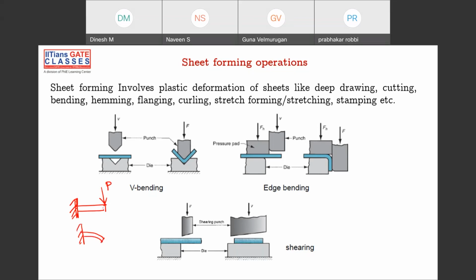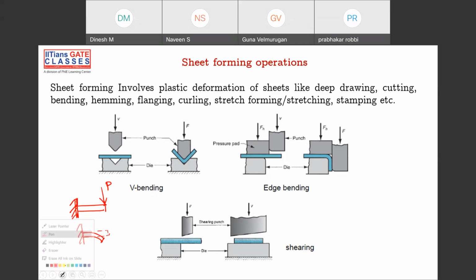But after removing the load P, it comes back to its original position because you are dealing with elasticity there. As I told you, strength of materials comes under the theory of elasticity, and metal forming comes under the theory of plasticity. So we have to have permanent deformation. That is the reason we apply force in such a way that the deformation we achieve is permanent. So this is bending.